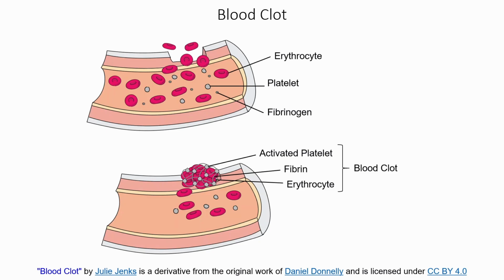Fibrinogen is going to then activate to fibrin, which will then activate the platelets. The platelets will then use different fibers like fibrin, the activated form of fibrinogen, to form a net that will catch the erythrocytes. That is kind of sticky in a way that red blood cells will stick to.